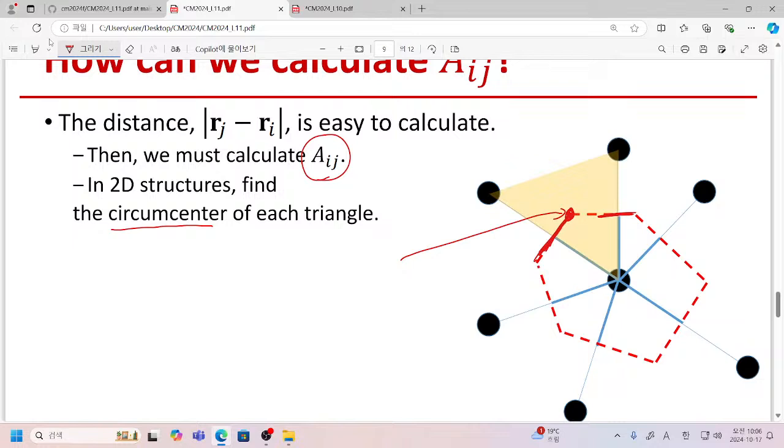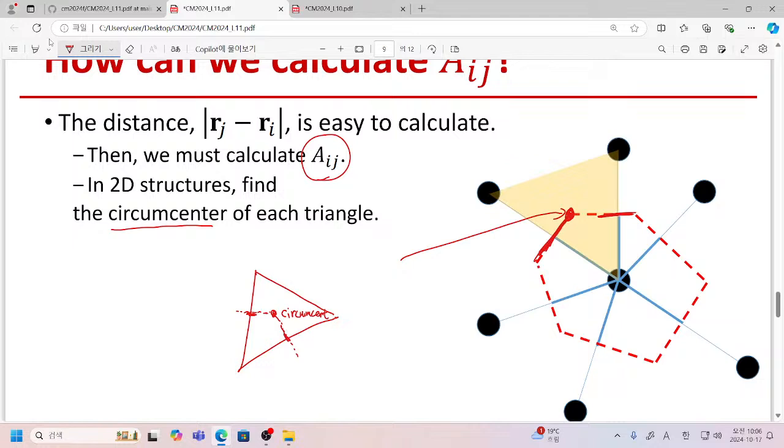If you have any triangle, you have three sides, and from two sides you draw the normal line from their own midpoints, and eventually you will have a crossing point, and this point is always the circumcenter of this triangle.